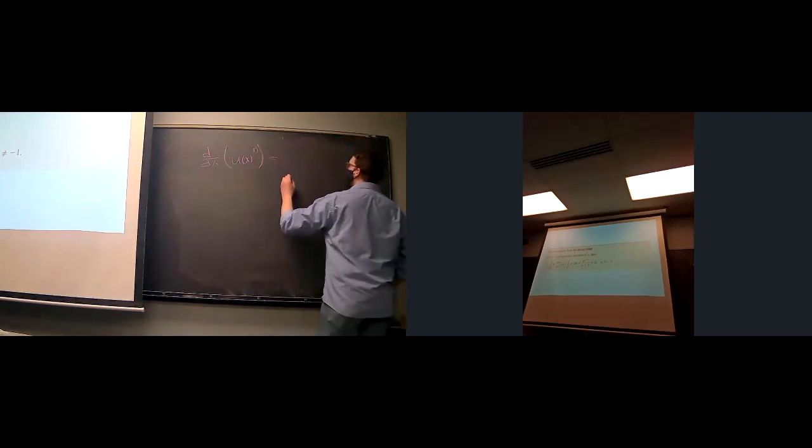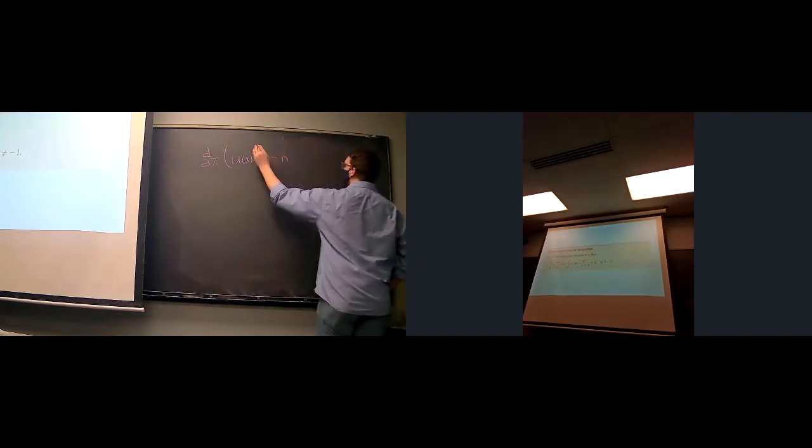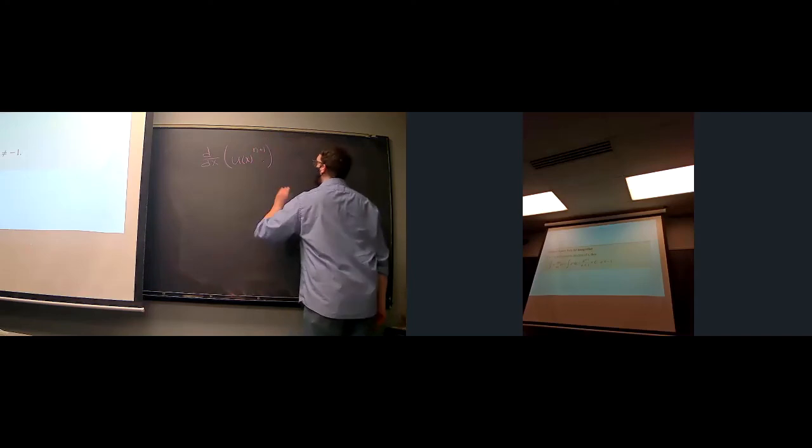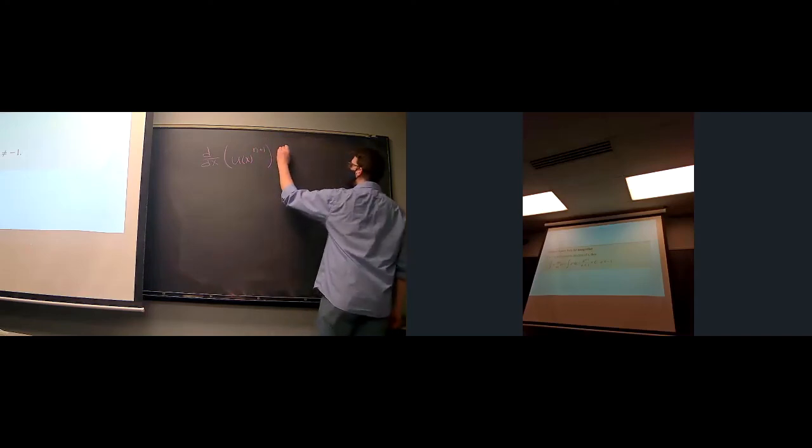Well, it would come out to be n times, just to keep with the powers, I'm going to raise it to n plus 1. This is going to come out to be n plus 1 times our function raised to the n, times the derivative of the function.